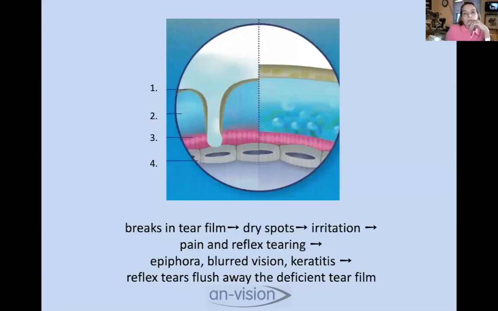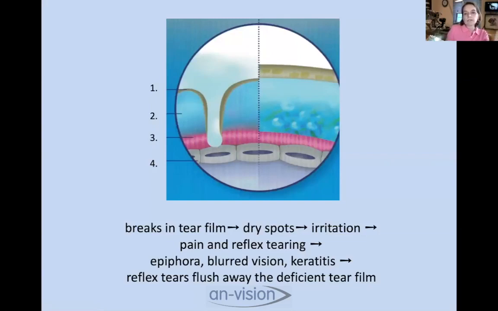So this is another scheme where you have the healthy tear film with the lipid layer, the aqueous layer, the mucin layer, and the epithelial cells. And if the lipid layer is deficient, you have those breaks, a dry spot, pain, reflex tearing, epiphora, blurred vision, keratitis.